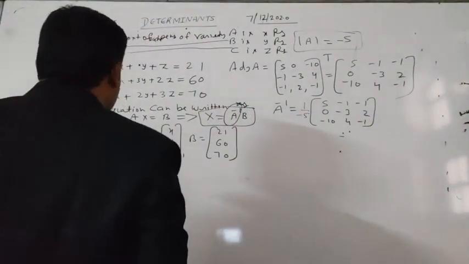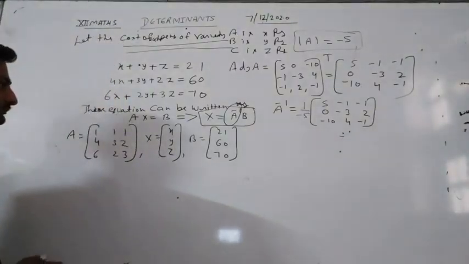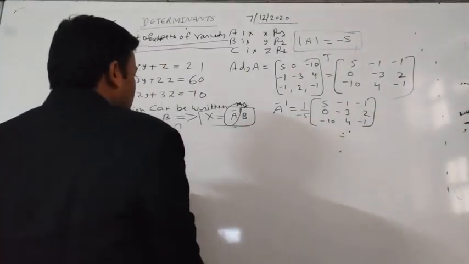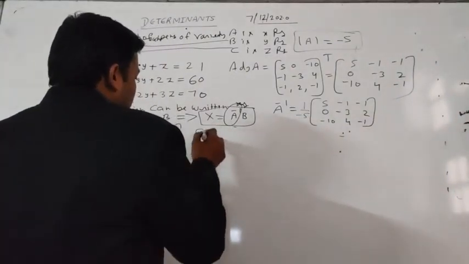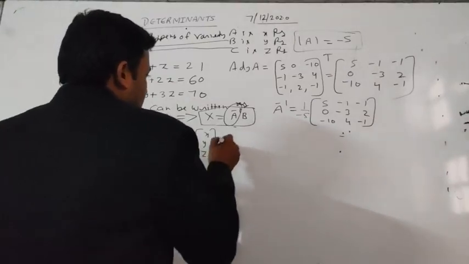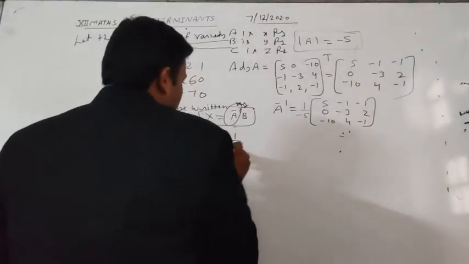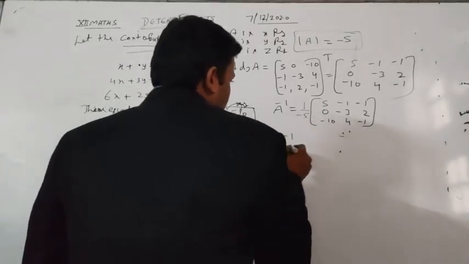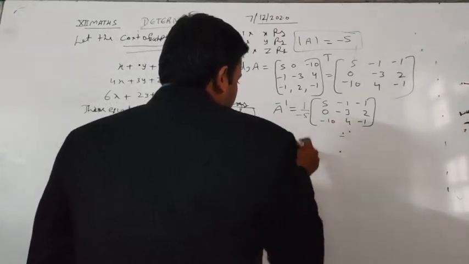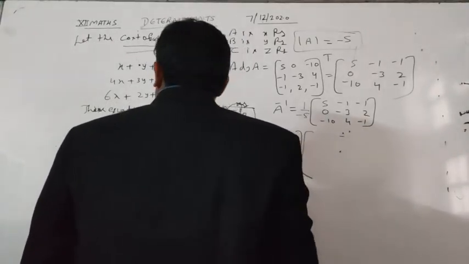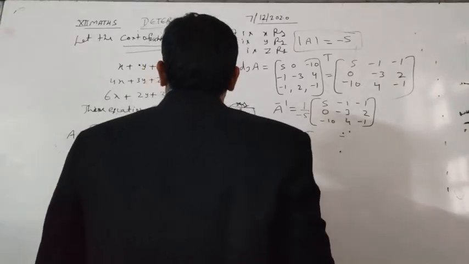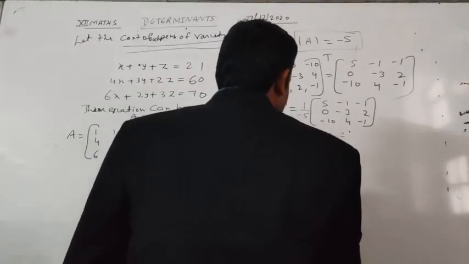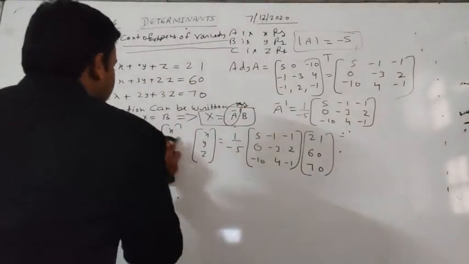Okay students, so let's see, this term is X. X, y, z equals A inverse, which we have found, 1 by minus 5 times the matrix 5, minus 1, minus 1, 0, minus 3, 2, minus 10, 4, minus 1, multiplied by B, and B is 21, 60 and 70.